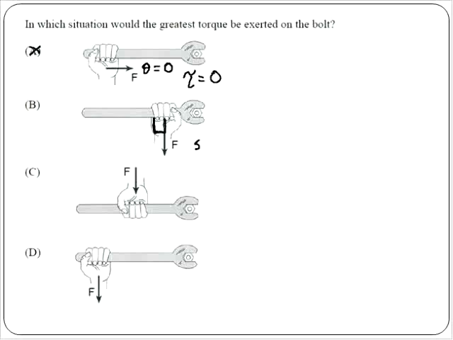So there's a small value of r right here. In the second one, there's a medium value of r. And in the last one, there's a large value of r, the largest one. So obviously then, because torque depends on 2 things, both distance or radius and the force, and the forces are all the same, it's the distance that's going to be the determining factor. So the largest distance would be the largest torque.